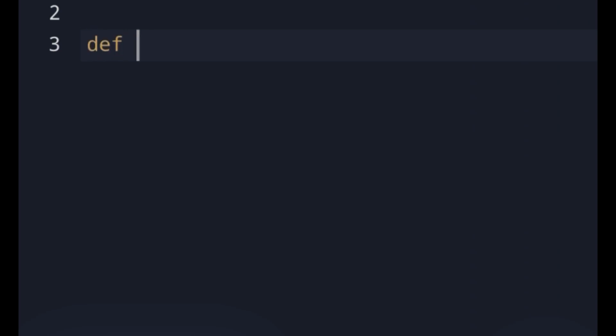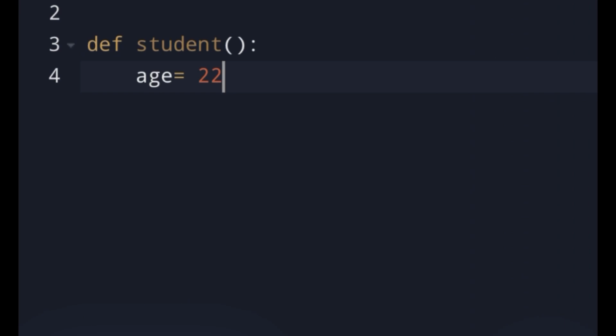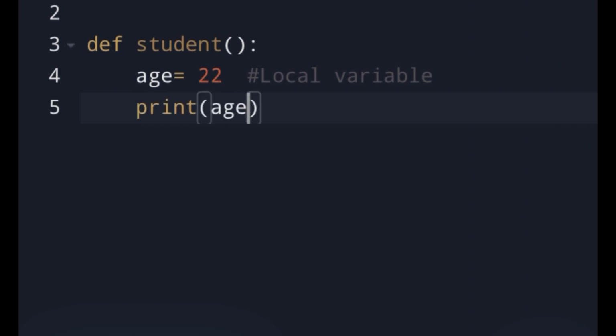First I will create a function named student, and inside the function I will take a variable age equal to 22, and I will comment it as a local variable as it is not outside the function.